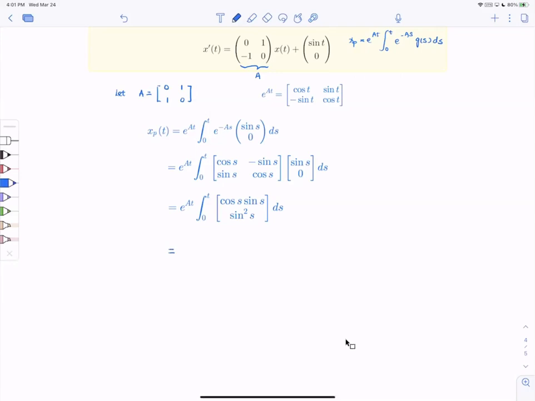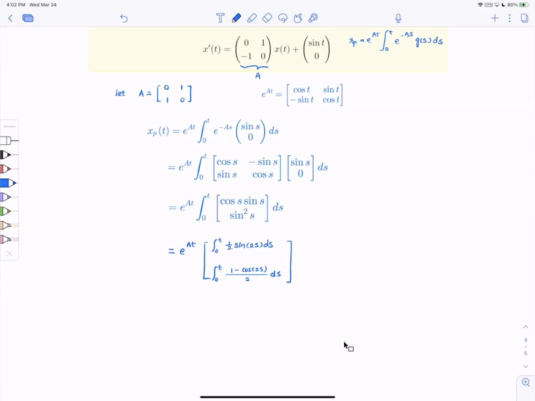This equals e to the At, and then you need to take the integral of them separately. So the integral from 0 to t of cosine s sine s, which is 1 over 2 sine 2s, ds. And then here, from 0 to t, you have 1 minus cosine 2s over 2, ds.